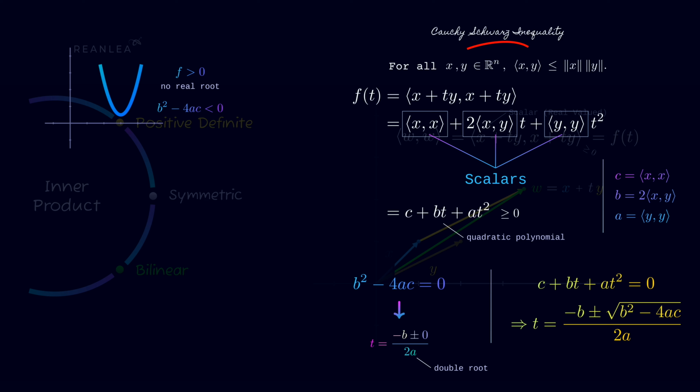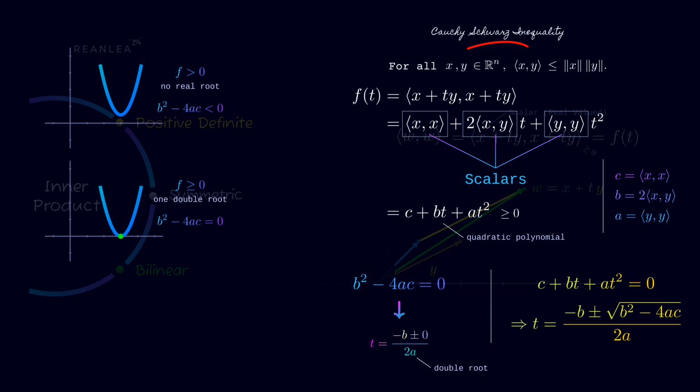The quadratic polynomial for this case will just touch the t-axis, having its double root at that point. So this condition will take place when f is non-negative, f has a double root, and its discriminant is 0.